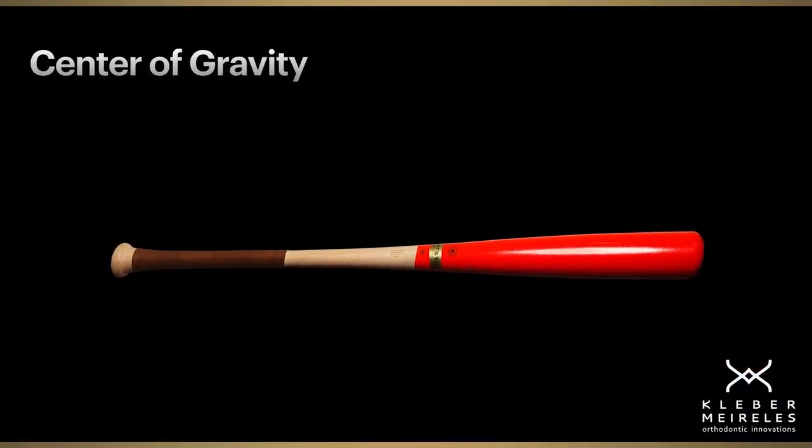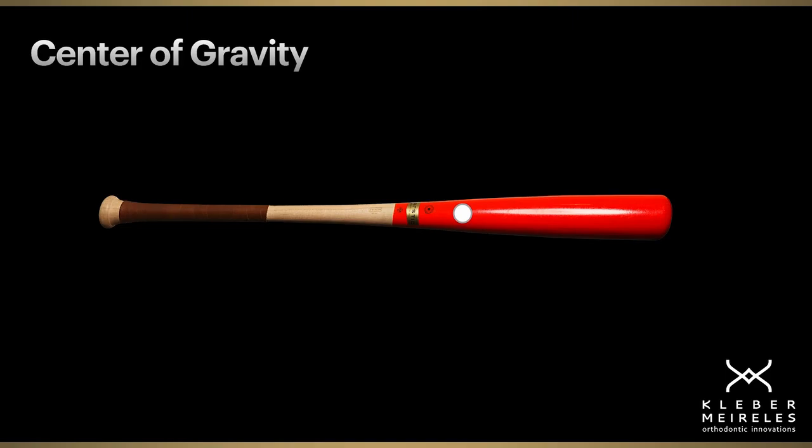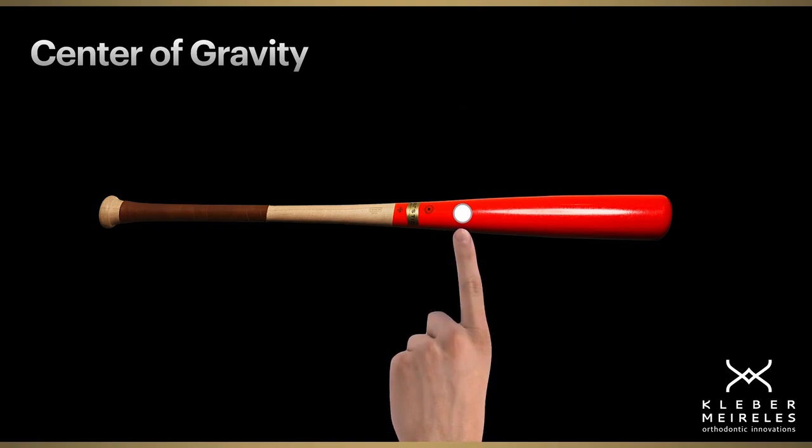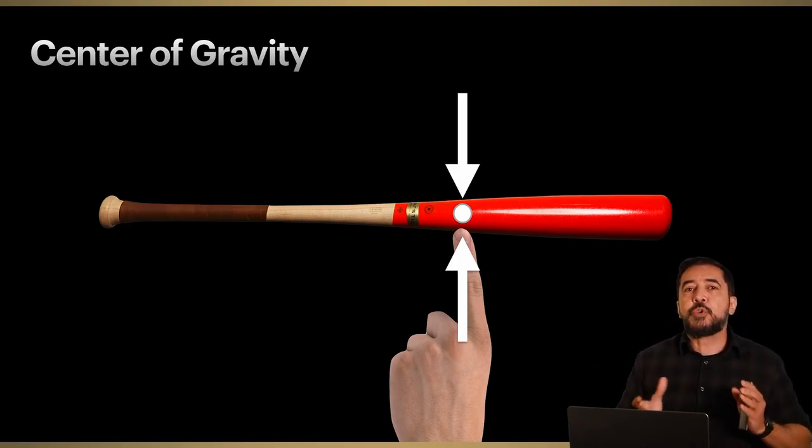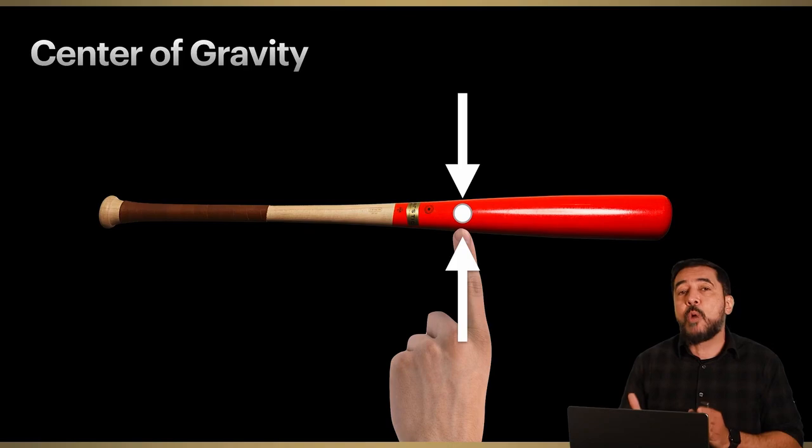Let's move on. For example, I'm using here this baseball bat as a representation of the line of action and the center of gravity. If I'm applying the force through the exact center of gravity of this body, in this case this bat, the movement of the bat is going to be a translatory movement.